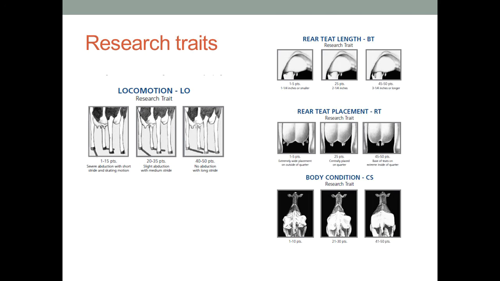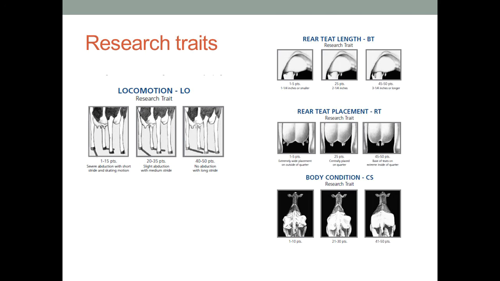Are the cows toeing out with a short stride and kind of walking like they're skating? That would score in the low end of the range. If they've got a medium stride and are slightly toed out, that would score in the mid-range. If they have a very long stride and stride straight, that's a high end.